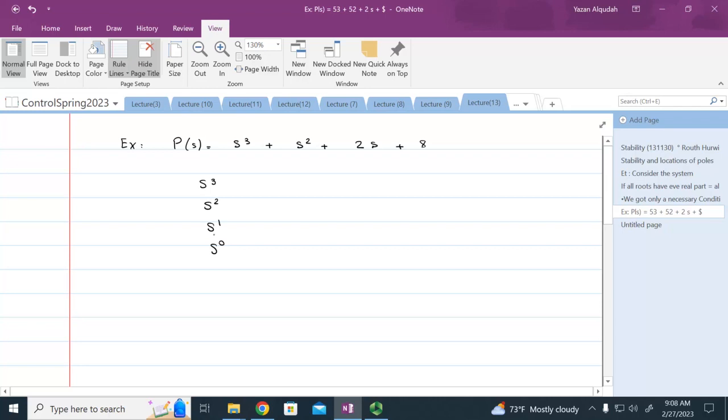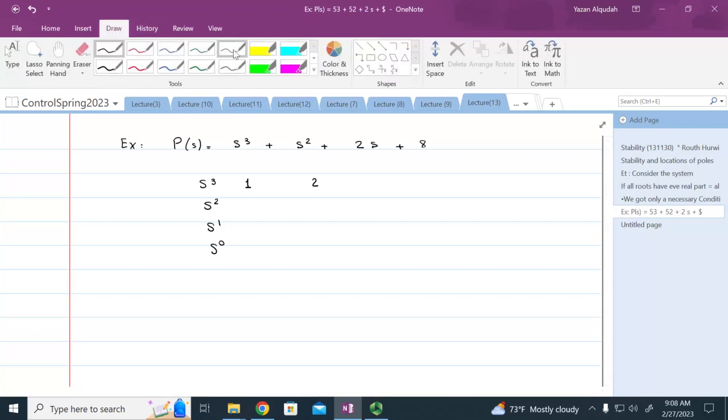In the first row, we're going to have a 1 and a 2. Where is this one coming from? This one is from here, and the 2 is from here. So 1, we skip 1, a 2. The second row is going to have a 1 and an 8. So this is this one, and this is this 8. Together?